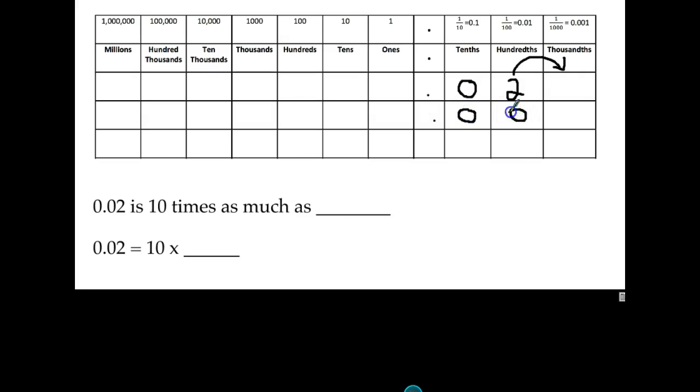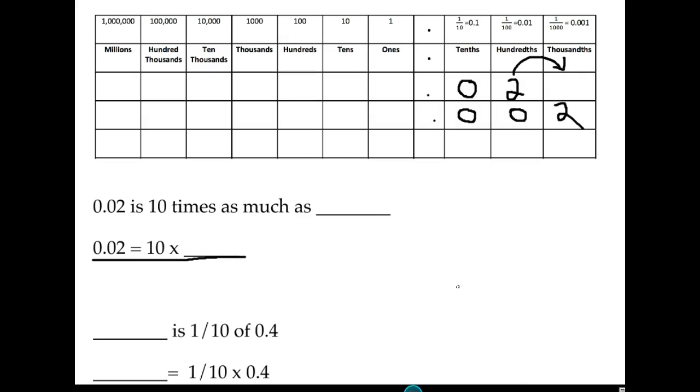So we would move it to 0.002. So 0.02, or 2 hundredths, is 10 times as much as, or 10 times greater than, 2 thousandths. We can also look at it this way, and this is just another way to write it right here. 2 hundredths is 10 times greater than what number?